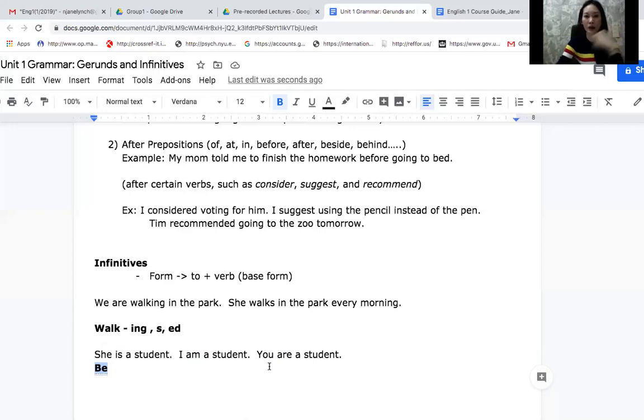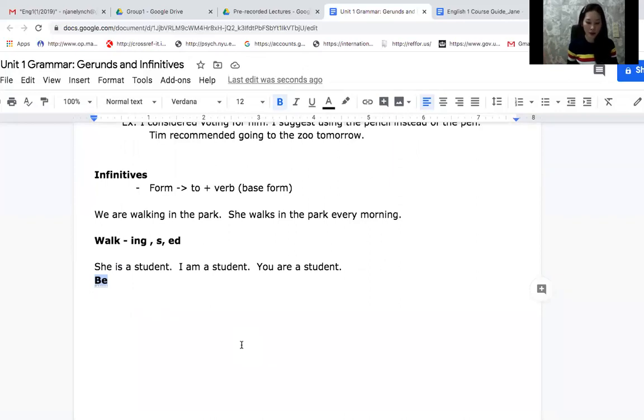So that's what we talk about. The form of infinitive is to plus verb, but this verb must be base form. Okay, I'm going to move on. So in the book it says infinitives are often used after the adjective phrase, be plus adjective. Example.